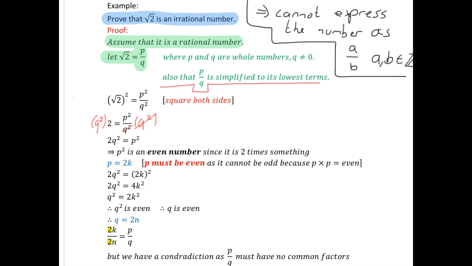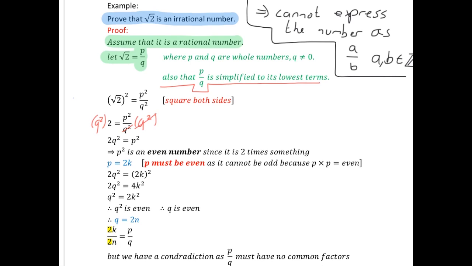So that means we can say p is equal to 2 times k. So p must be even, as it cannot be odd, because p times p is even. P squared is even. So for p times p to be even, p itself must also be even.